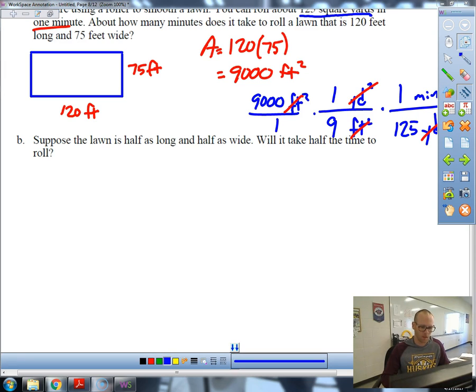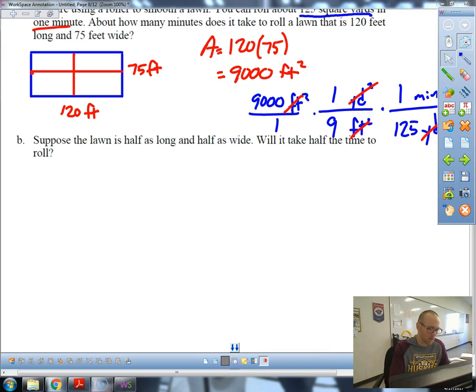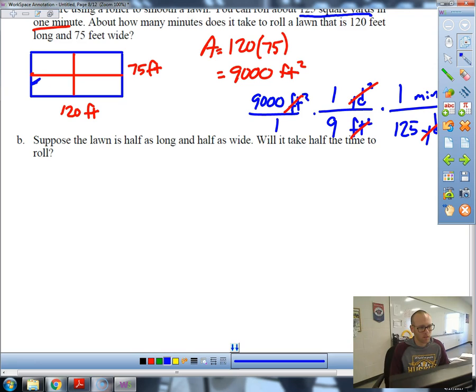Well, picture this. If I split the length in half, that's now 60. And I split the width in half like that. I'm really only having this much of the lawn left.